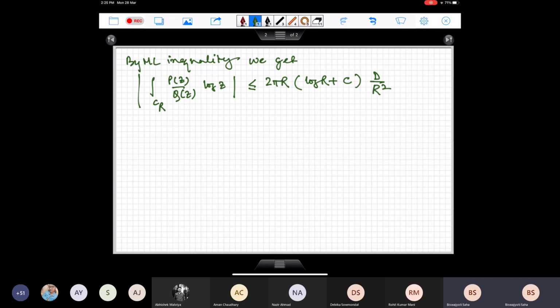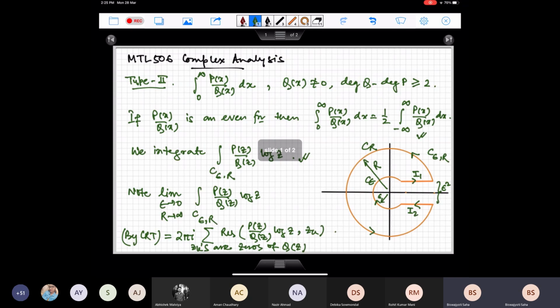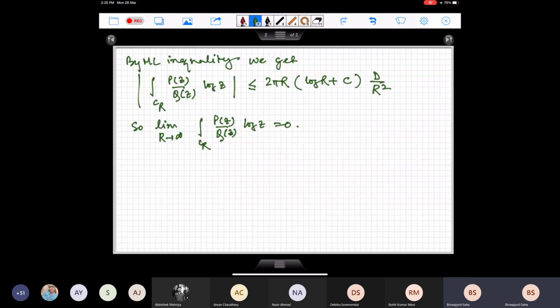So in effect, limit r tends to infinity of the integral over CR of pz upon qz log z dz is equal to 0. So as I told you already, the contribution coming from this segment is very minimal, so we can ignore that, it becomes 0. Okay, fine. All that's fine.